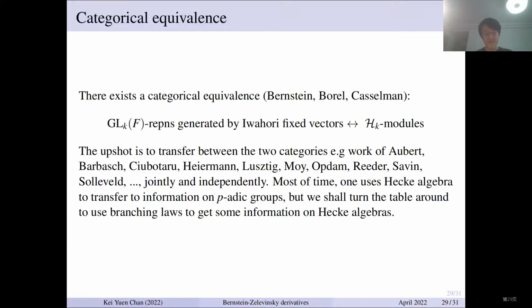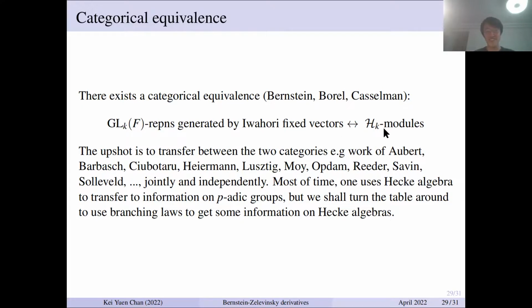But how do we solve the affine Hecke algebra problem? The way is using the general linear group results we proved just before. Basically, we have a categorical equivalence for the restricted points or Hecke modules.